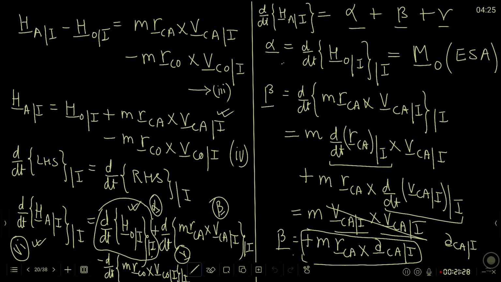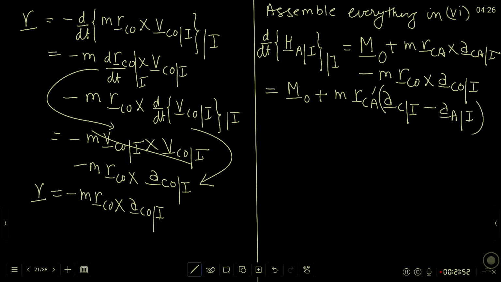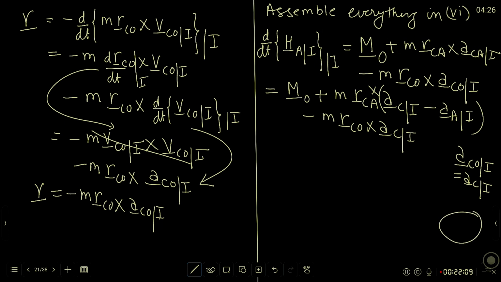Okay, so I just focus on the right hand side. Mind you, a^CO/I is same as a^C/I because O is a point fixed in I. So a^O/I is always 0, right? So that's why I am replacing a^CO/I by simply a^C/I.